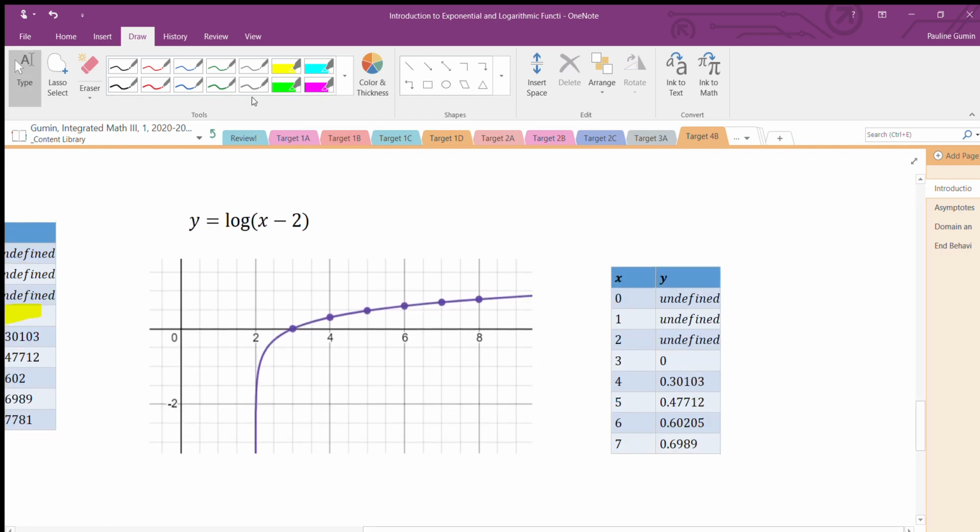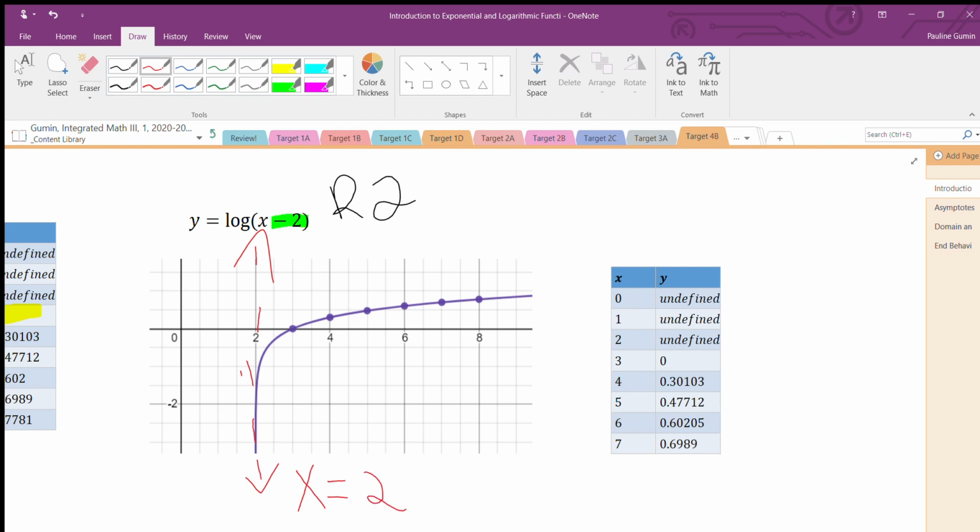First, I look at the equation, if we have it. I have a minus 2. That tells me to the right 2. Well, let's say I don't have an equation. I look at this graph and I see that it's flattening out at 2. x equals 2. That should give it away.